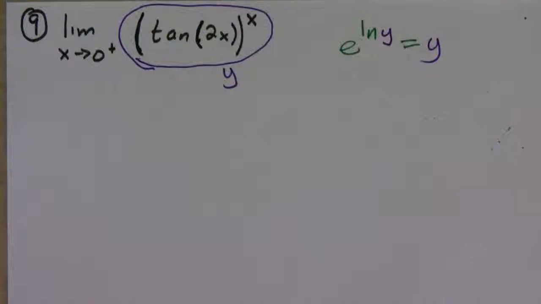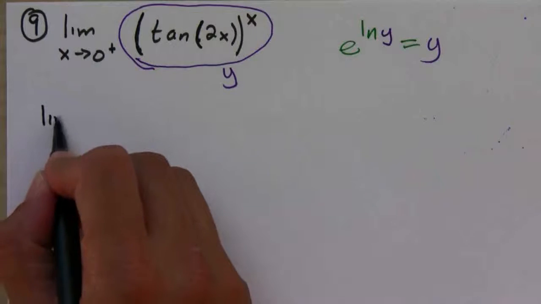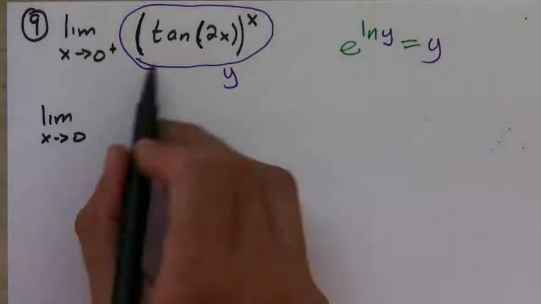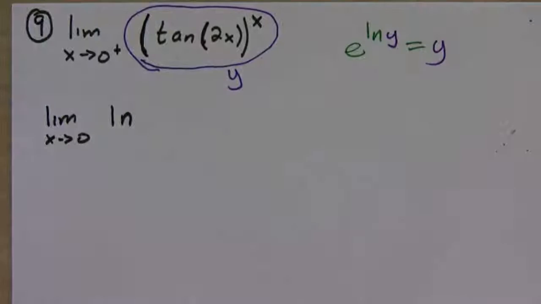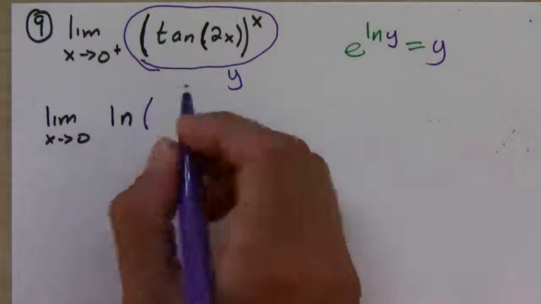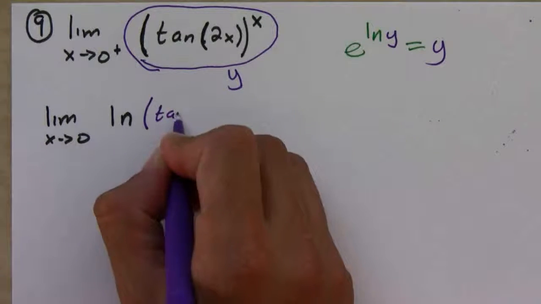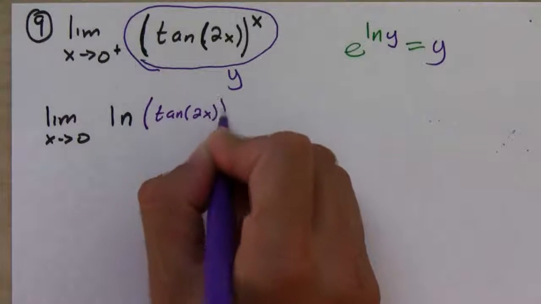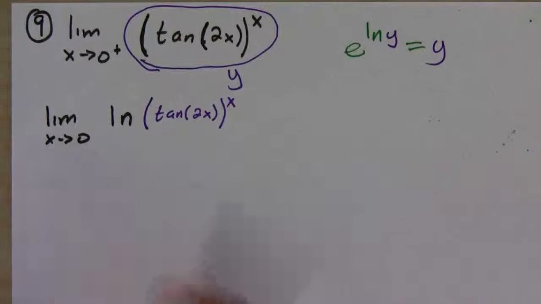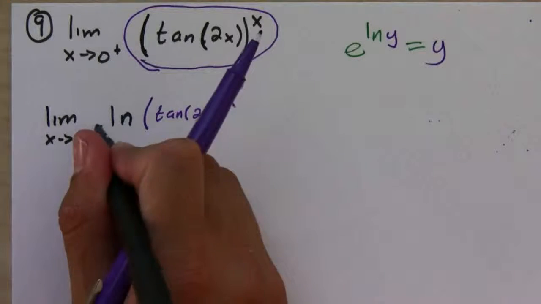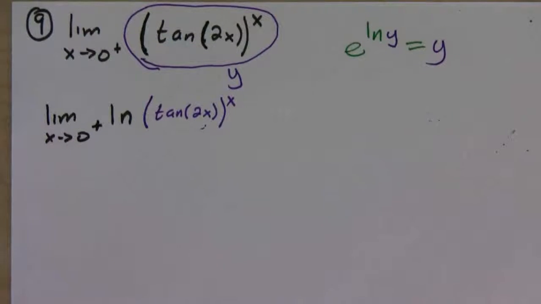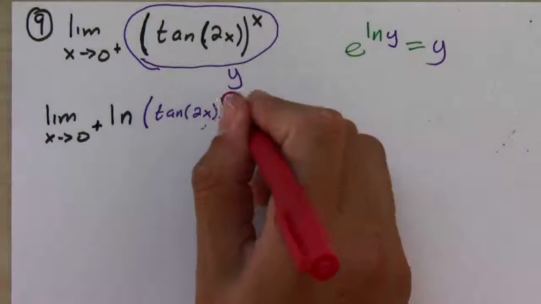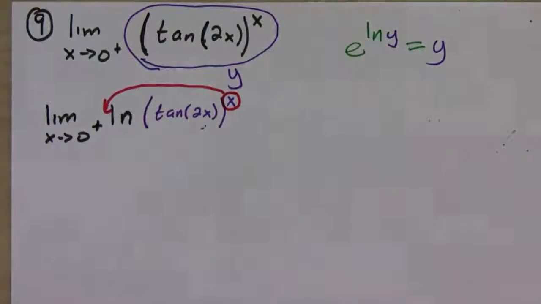Okay, and so then what we do is we find the limit as x approaches 0, not of y, but of natural log of y. And when we find the limit as x approaches 0 from the right side of natural log of y, this allows us to bring down the exponent using the laws of logarithms.